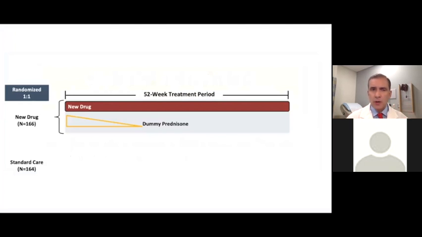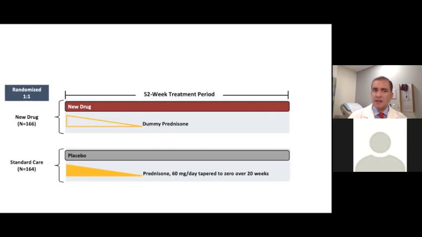The new drug regimen included the new drug and then a dummy prednisone taper. And then the standard of care group received a placebo for that new drug and a real prednisone taper starting at 60 milligrams a day and stopping after 20 weeks. The primary endpoint was measured at 6 months.